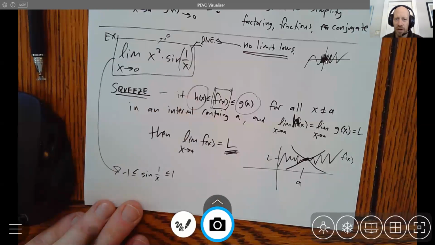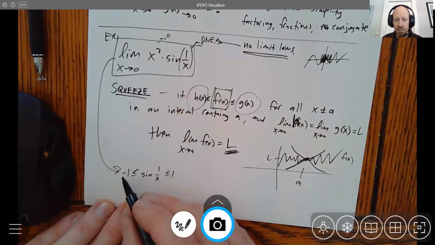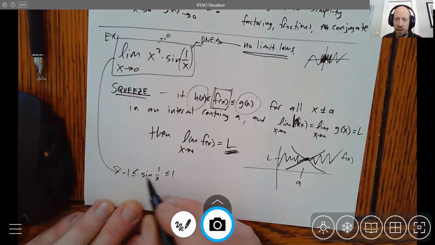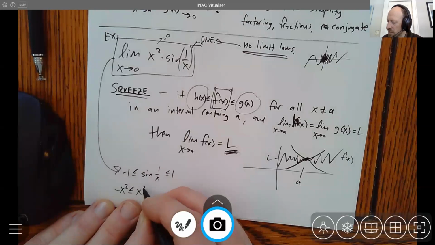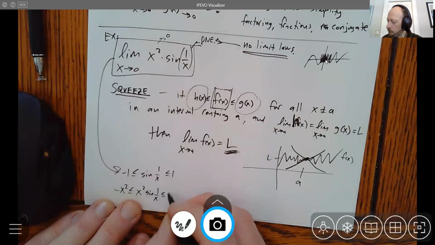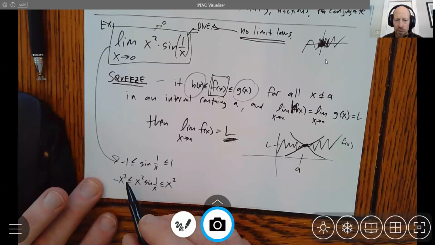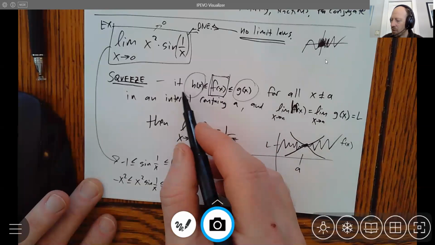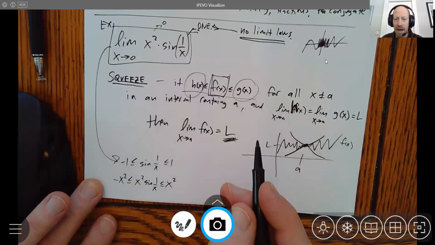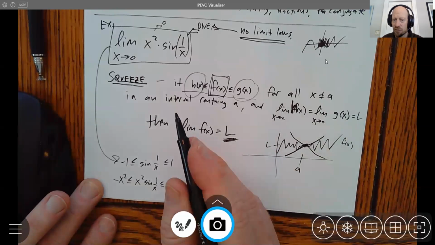Now that's not quite the function we're interested in, but if I multiply this inequality on all sides by x squared, what I get is this inequality. This top one's true. X squared is a positive number, so I can multiply all the way through, and this second inequality is also true. And this is exactly what we want. I have my function, x squared sine of 1 over x, and it's bounded by these two other functions.